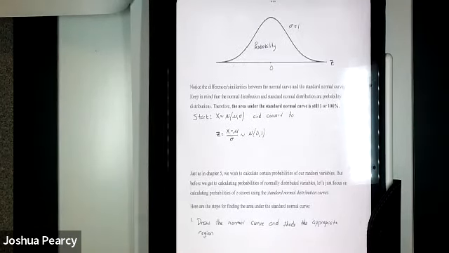So let's look at what it says. The first step, draw the normal curve and shade the appropriate region. What in the world does that mean? So let's say I say, find the probability of z being less than or equal to 1.